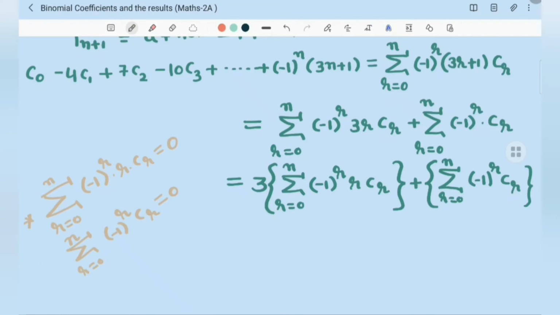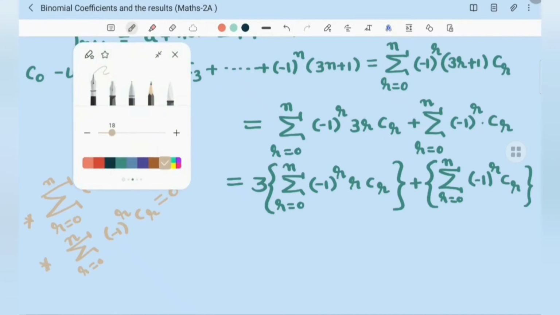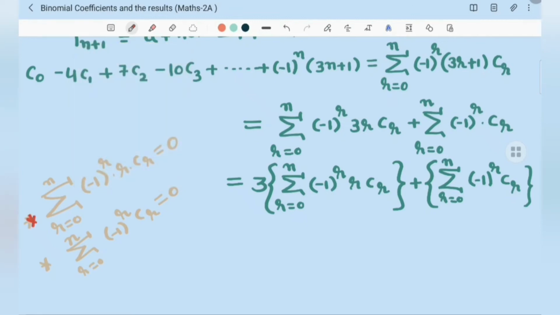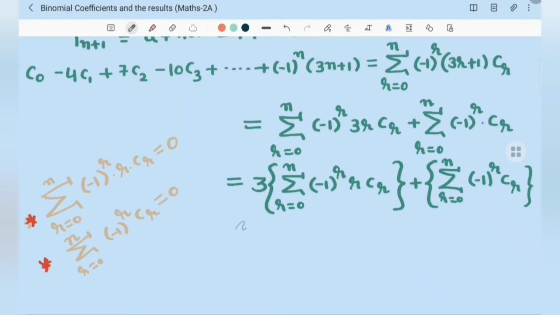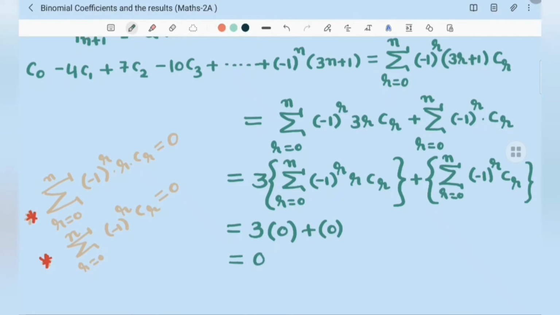These are the two important points. Once you go through my previous videos, you will get these results. Even I explained how these values come to be zero. It will help you. Based on these values being 0, ultimately the given series value is 3 into 0 plus 0. So it becomes 0.